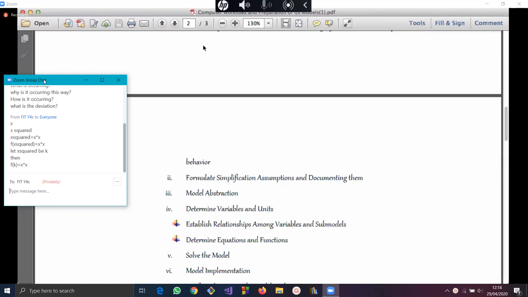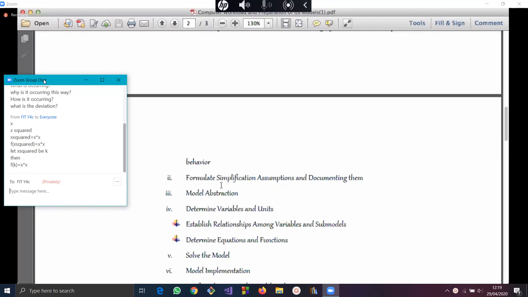Then the next stage, in formulating the model, is to solve the model. To solve the model is like trying to, okay, how can I obtain, for instance, k? If I needed to find k, how do I obtain it?